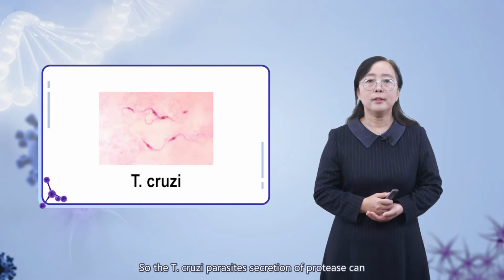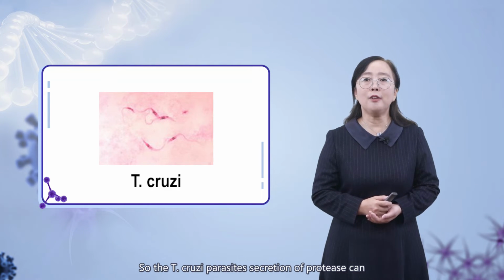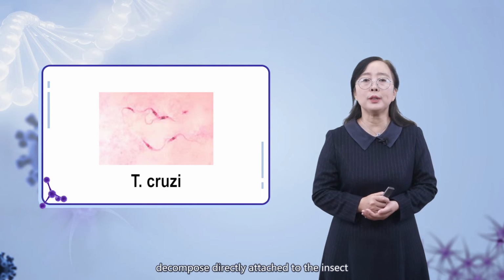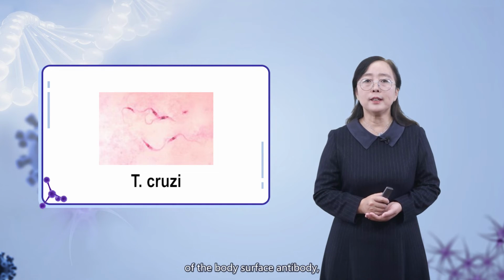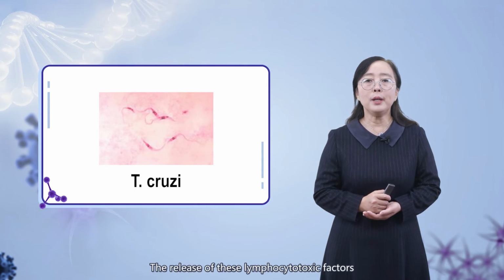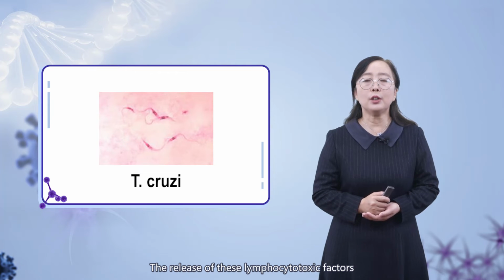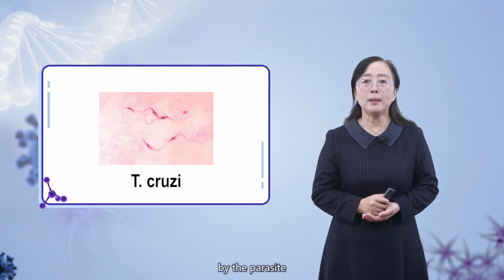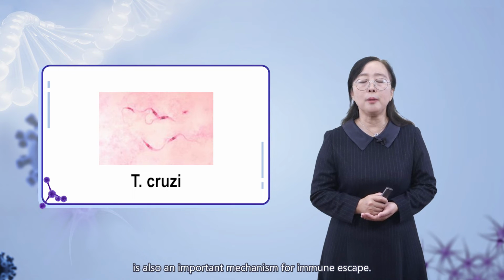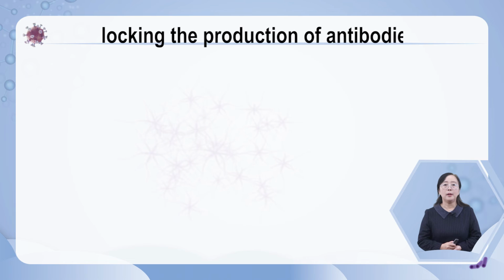Trypanosoma cruzi secretes proteins that can directly decompose the antibodies attached to the body surface, so the Fc side falls off and activates complement. The release of these lymphocytotoxic factors by the parasite is also an important mechanism for immune escape.